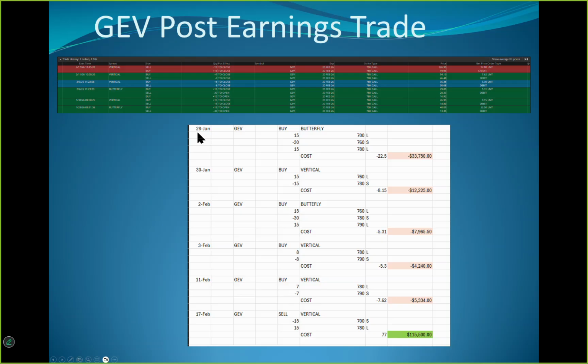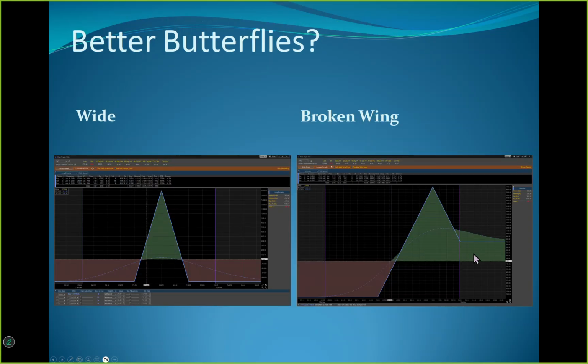I opened the trade, and the stock was trading, I think, about 710 when I opened the trade on January 28th. And I did a broken wing butterfly, bought 15 calls, sold 30 calls, and bought 15. That gives you this picture.